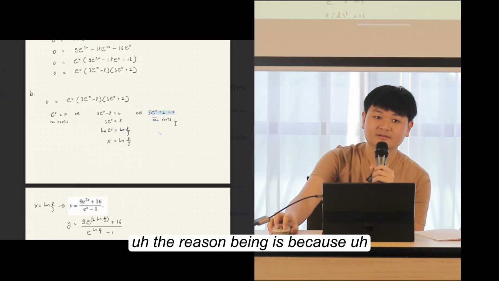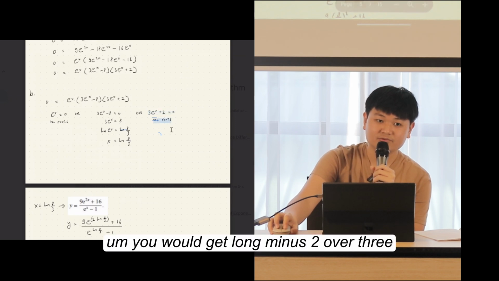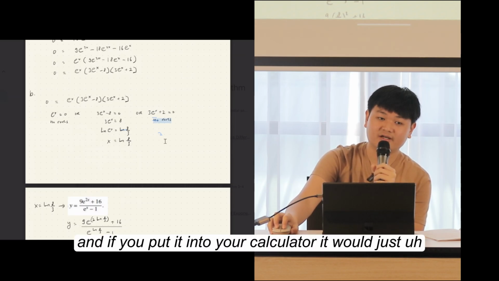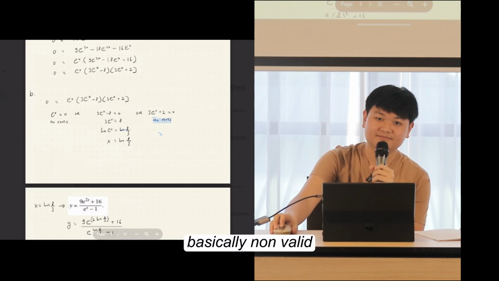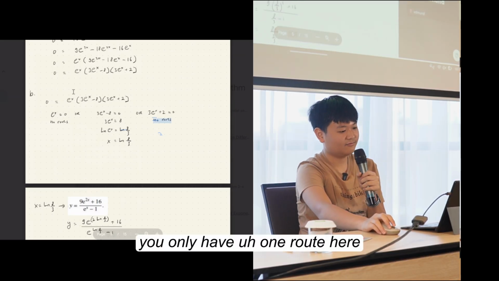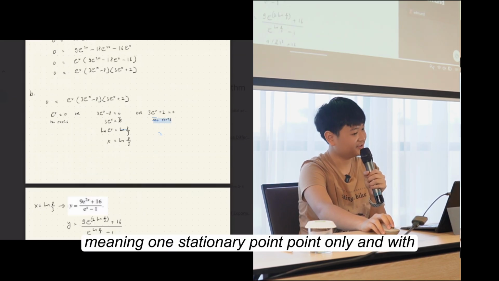The reason is that when you continue this, you would get ln(-2/3), which if you put it into your calculator, would just give you a math error, basically not valid. So you only have one root here, meaning one stationary point only.